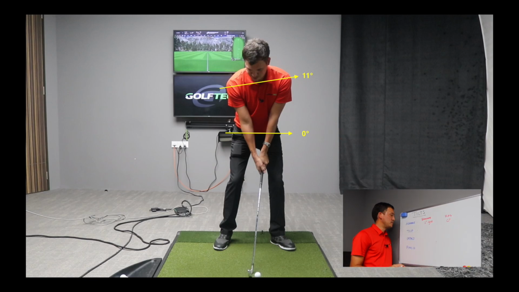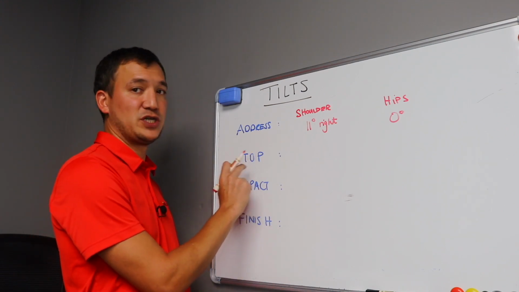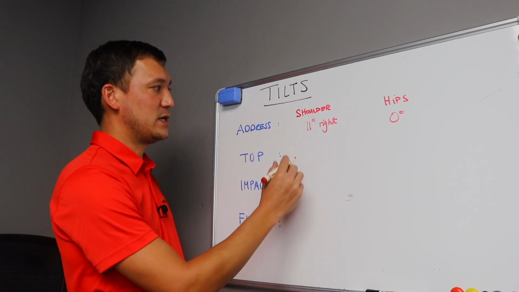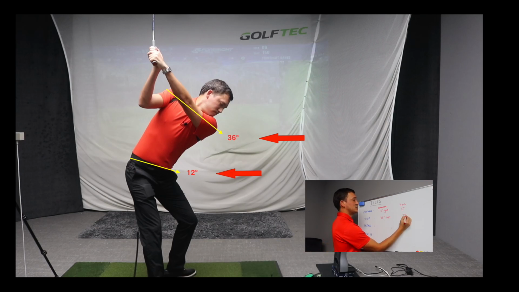So very level. Then, during the course of their backswing, reaching the top of their backswing, their shoulder tilt will turn into 36 degrees left tilt, and 12 degrees hip tilt to the left.